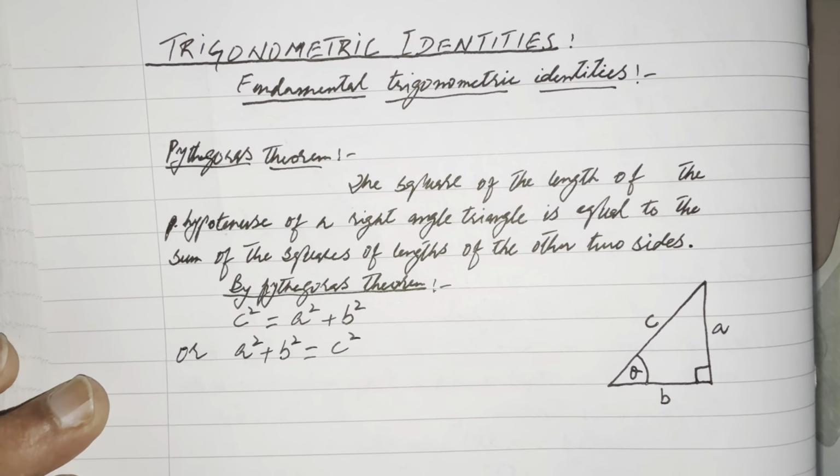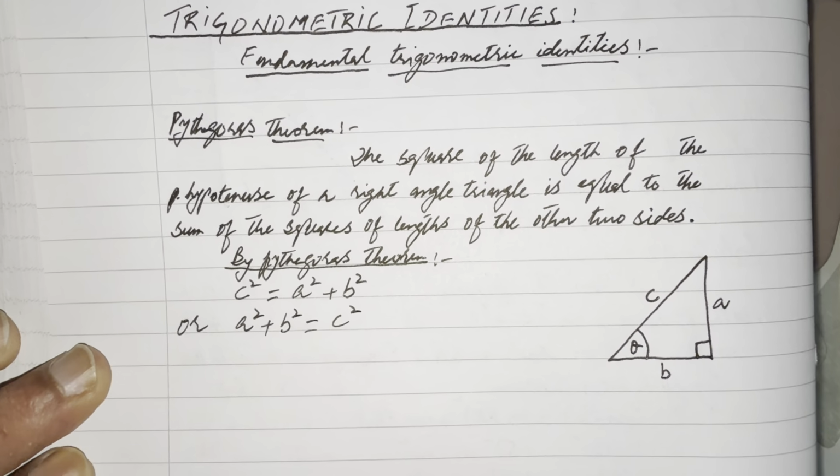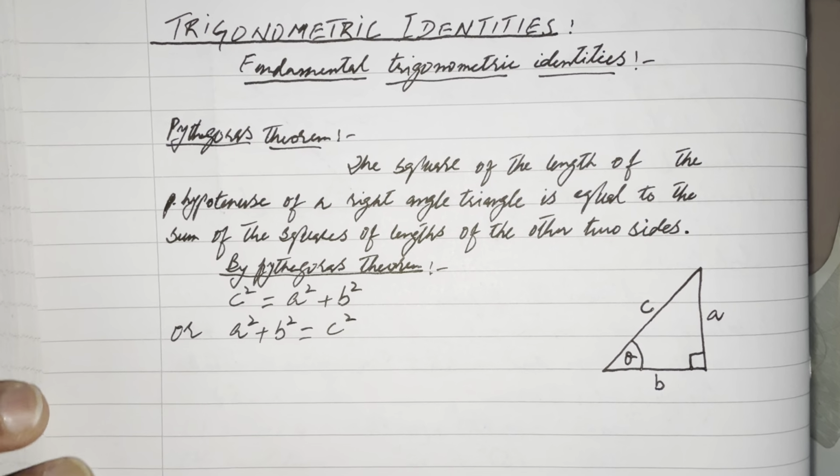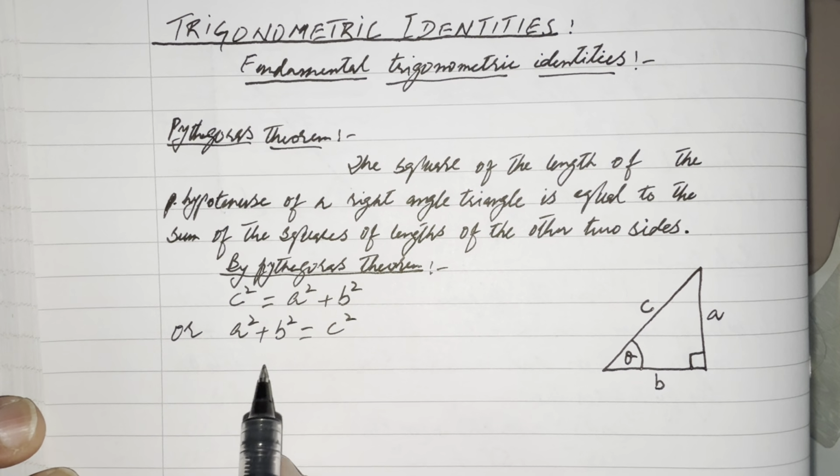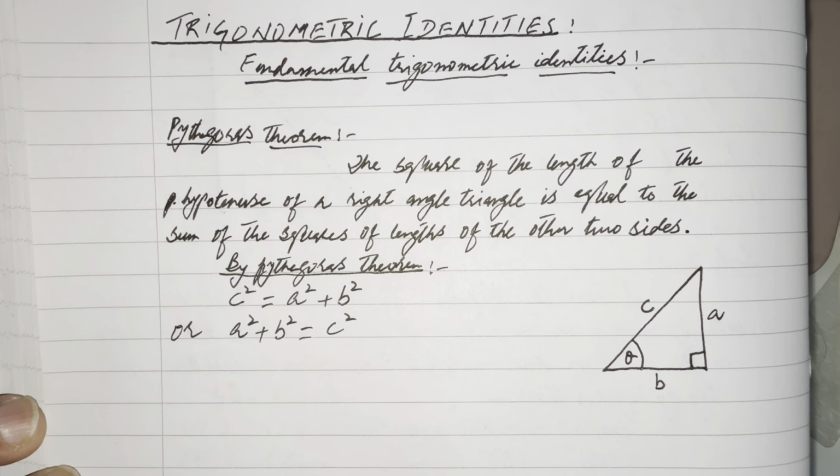Now we are going to find some fundamental trigonometric identities that we will use in our coming lectures to find formulas of the trigonometric ratios.